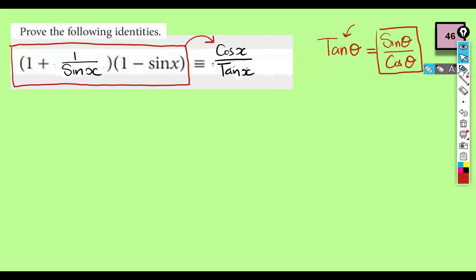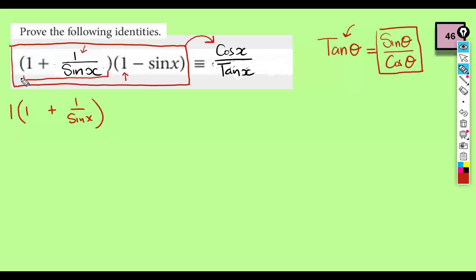So let's multiply out these brackets. This might be a little troublesome to multiply. I am assuming that this fraction is giving a little bit of problems, but let's do it the old-fashioned way. When you have to multiply out brackets like this, you take the first bracket and multiply it by the first item. You're going to take 1 plus 1 on sine x and multiply everyone in these brackets by 1.